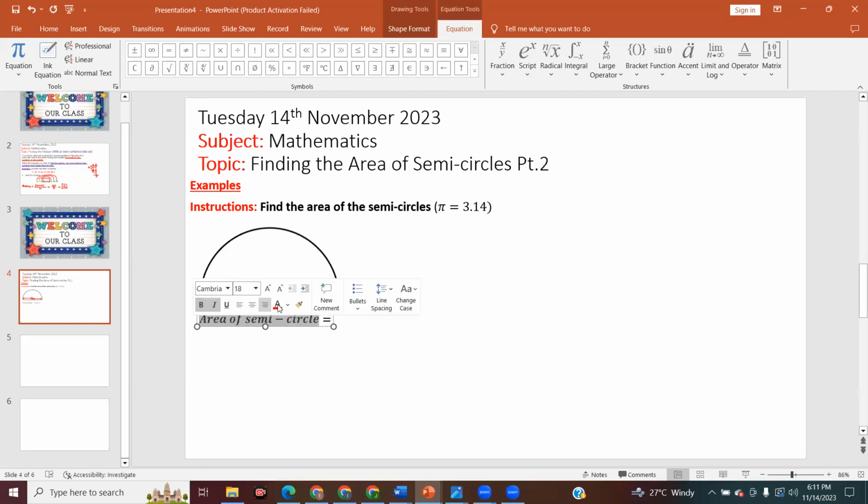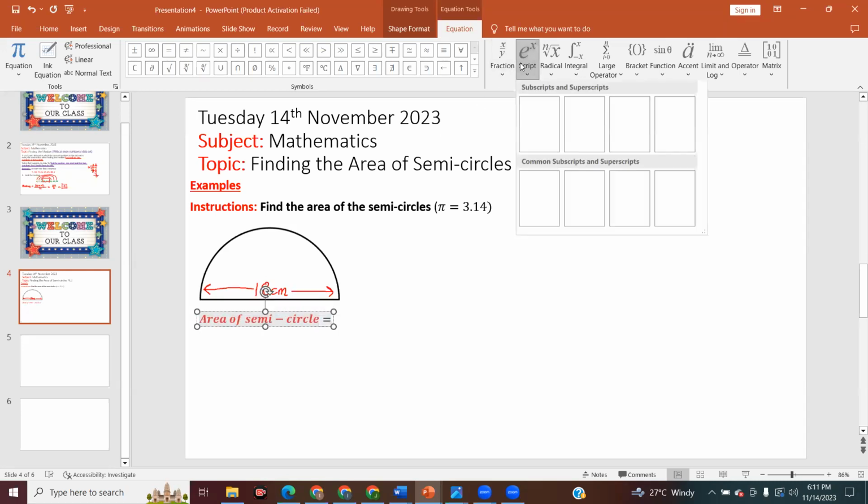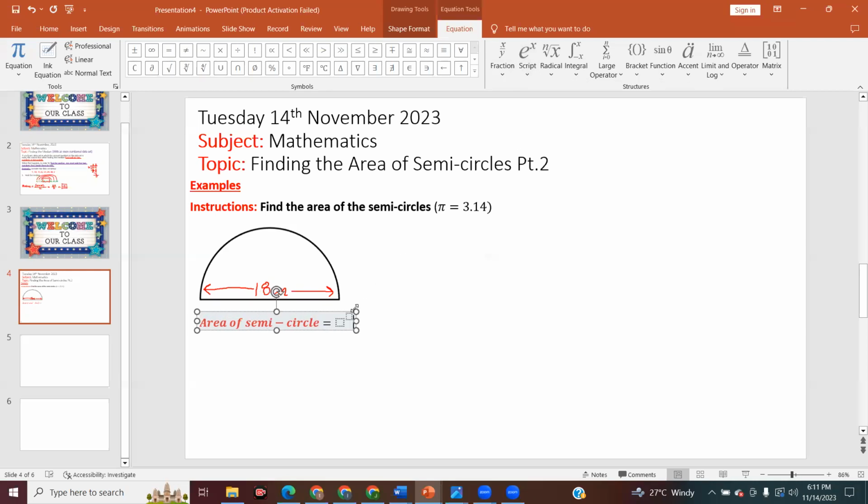So we have to divide it by 2. So it's going to be pi r squared divided by 2. All right.